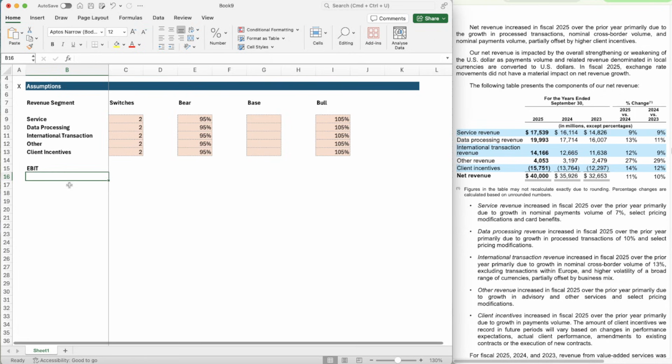We need EBIT down here, WACC, TGV, which is your terminal growth value. We need these again down here. Copy these here.